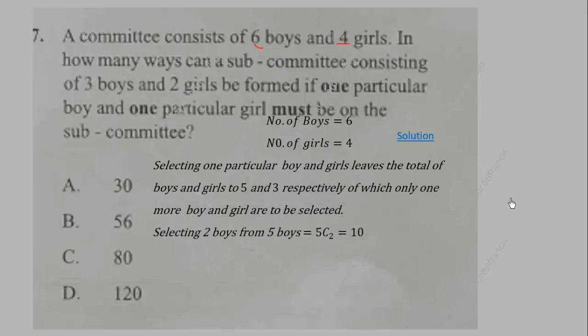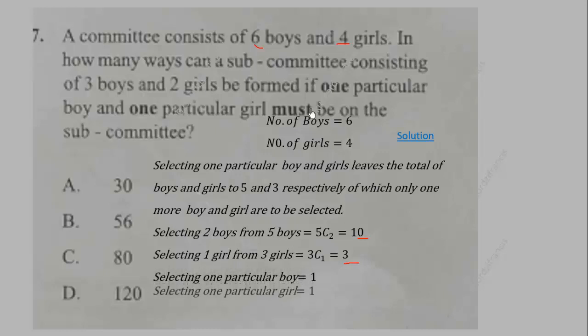Now, the number of ways we can select 2 boys from 5 boys is 5 combination 2, which is 10. And the number of ways we can select 1 girl from 3 girls is 3. Then we have only one way of selecting one particular boy and one way of selecting one particular girl.